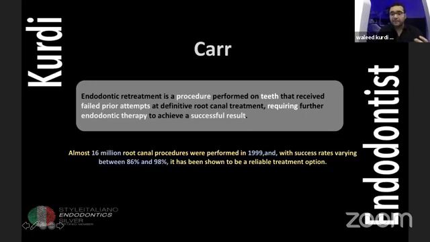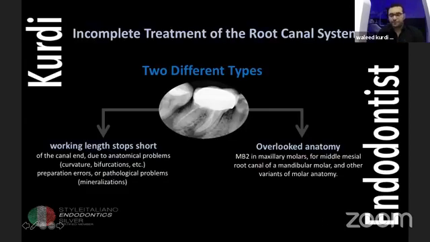This tooth will require further endodontic therapy to have a successful result. In 1999, we had almost 16 million root canal treatments, and the success rate was between 86% and 98%. So, indeed, root canal treatment is a reliable, good treatment option.